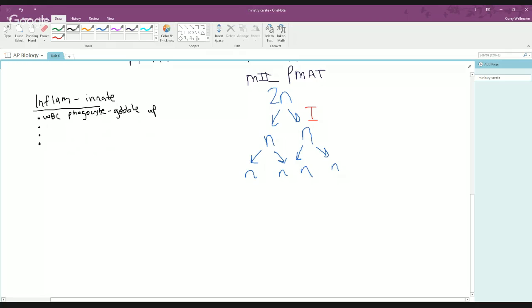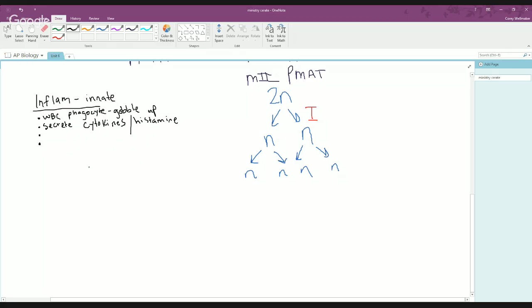And in the process of doing that, it's going to secrete signal molecules. Your book calls them cytokines. These and other signaling molecules like histamine might be secreted by mast cells.